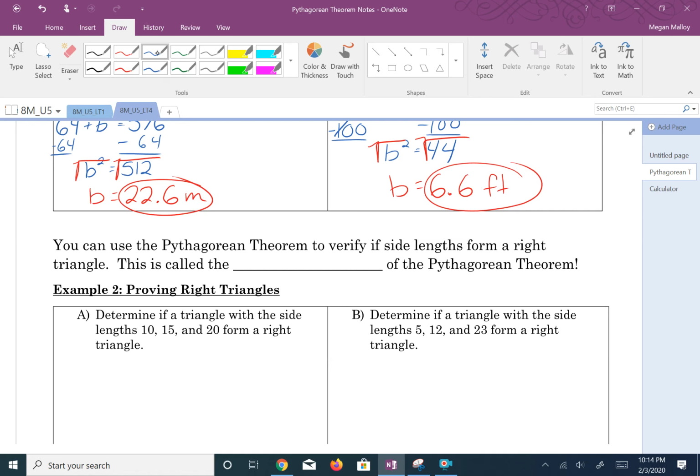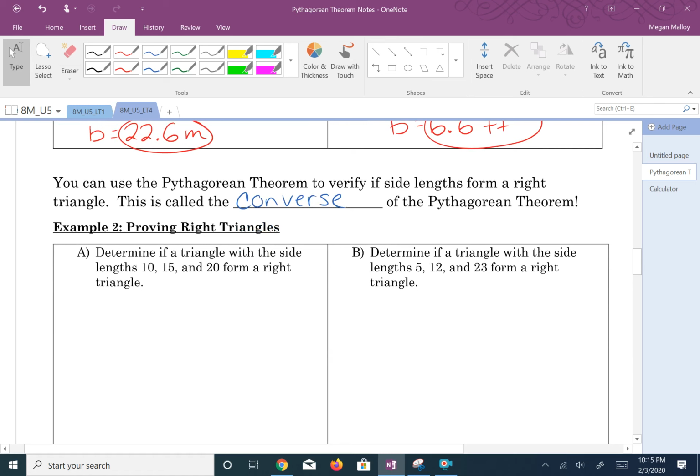So if we look at example 2A, determine if a triangle with the side lengths 10, 15, and 20 form a right triangle. So the most important thing when you're looking at these questions is you have to distinguish which value is the hypotenuse.